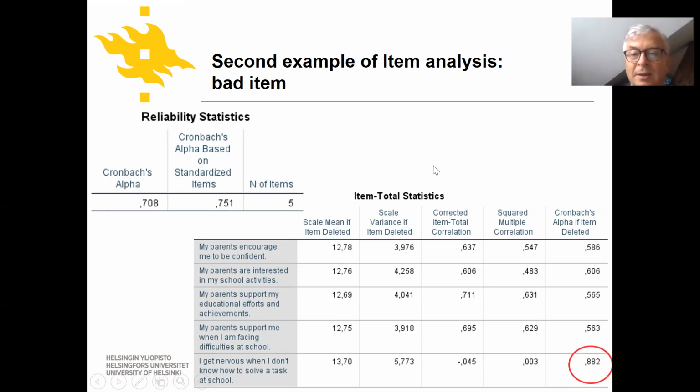But now if we take a look here at what would happen if we would drop just the last item, you realize quickly that that would be a very good idea. So you'd end up with exactly the same set of items that we just had. The third one, the last one, simply doesn't belong to this test.